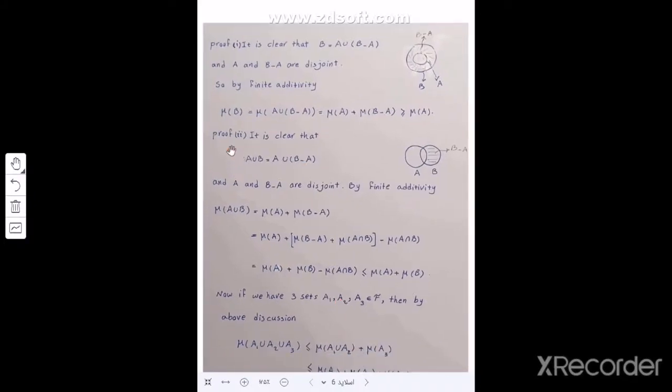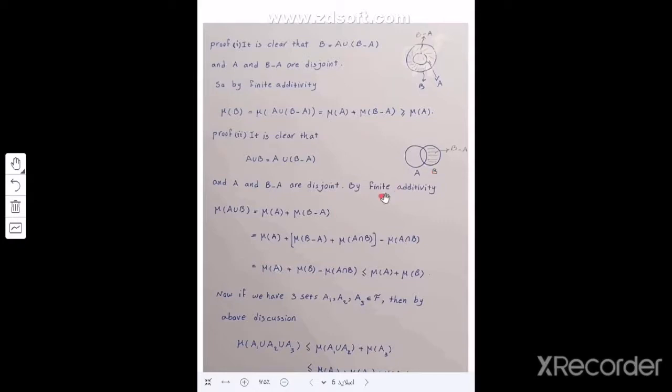First, for part B, we want to prove it for two sets, A and B. Please notice, for arbitrary A and B, by this shape it is clear that A union B is equal to A union B minus A, and A and B minus A are disjoint.